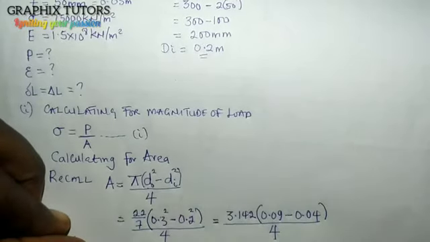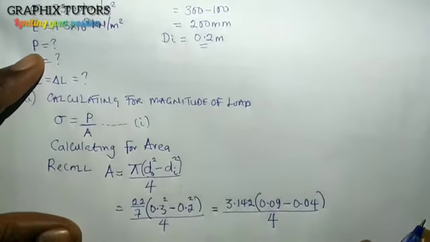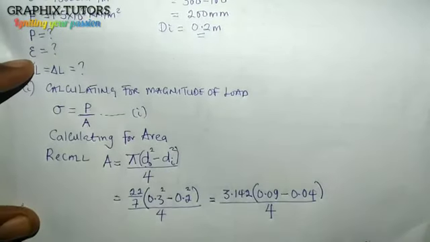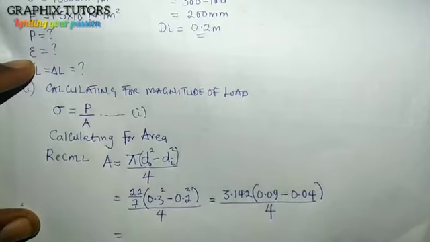So if I input it here, I'm going to have 0.09 minus 0.04, that will give me 0.05 times 3.142, right?